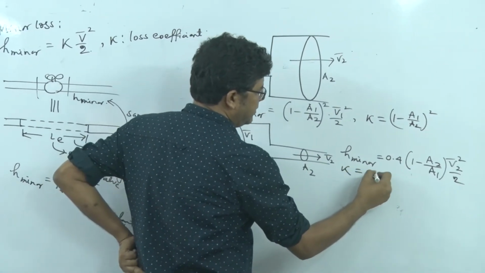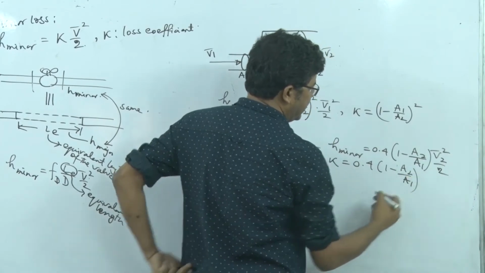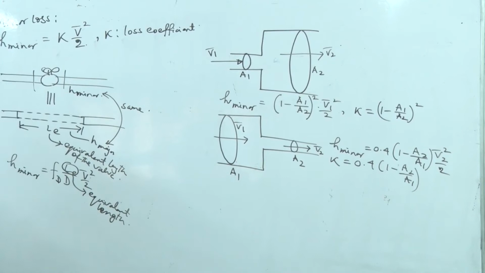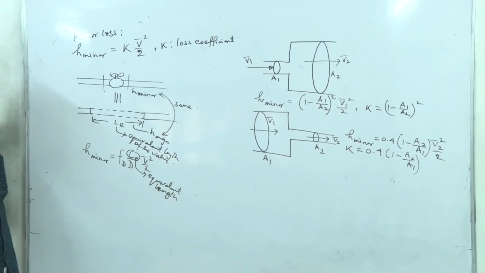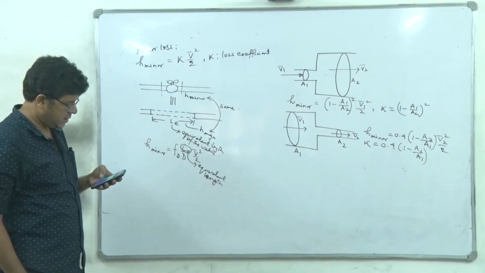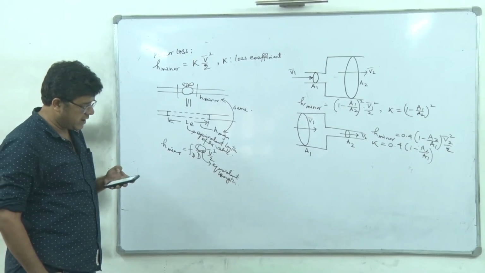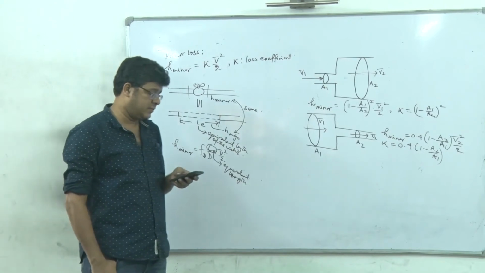So K here is equal to 0.4 into 1 minus A2 divided by A1. Got it? So that's the basic formulation to calculate the major and minor losses. With this understanding, we'll try to solve one or two problems of the general Bernoulli's equation, not the gate problem, and later we will try the gate problem.